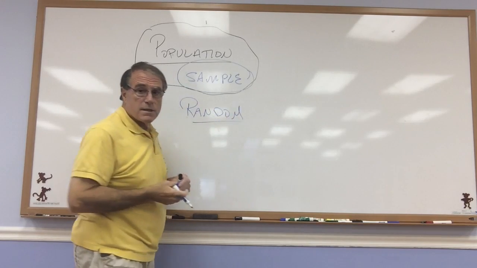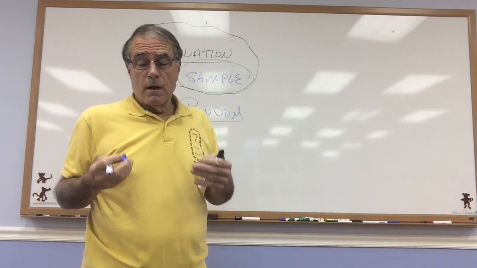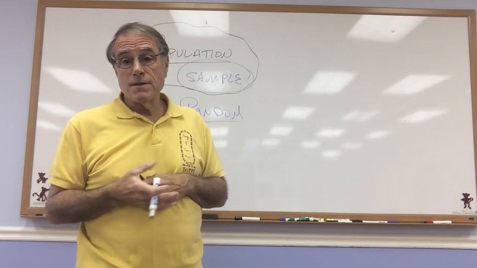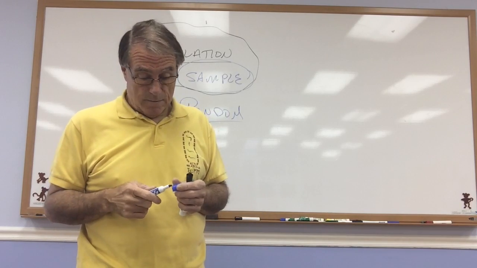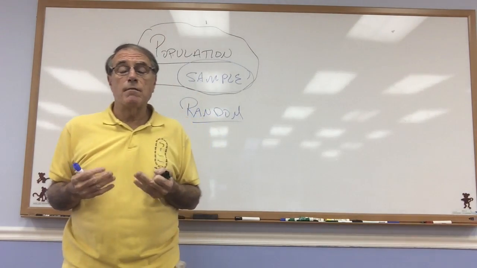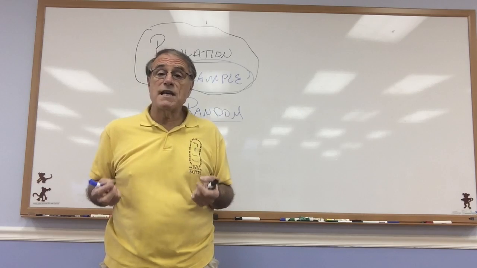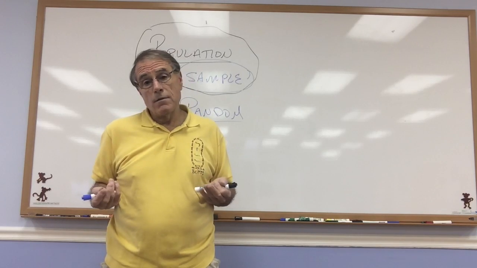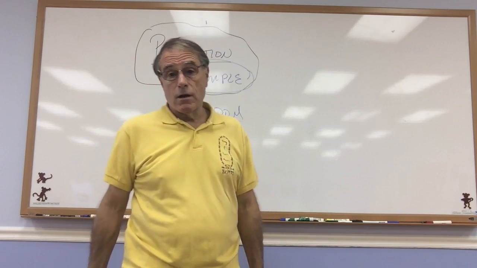And what that means is this, that every member of the population has the same chance to be selected for the sample. If that doesn't happen, if every member does not have the same chance to be selected, then our sample is biased, and the results from a biased sample must be discarded.